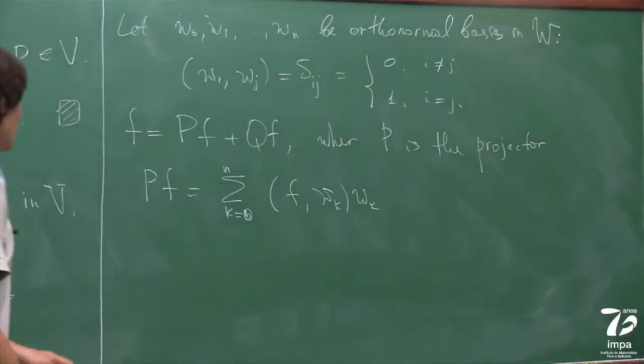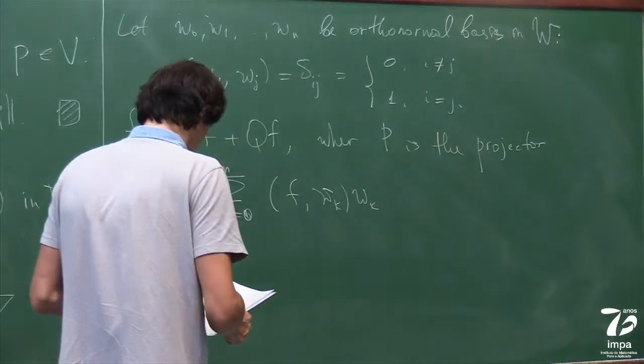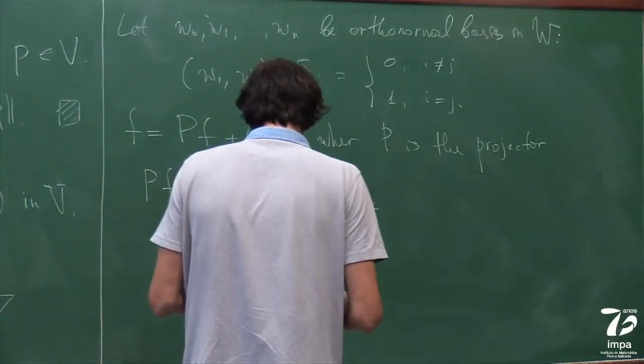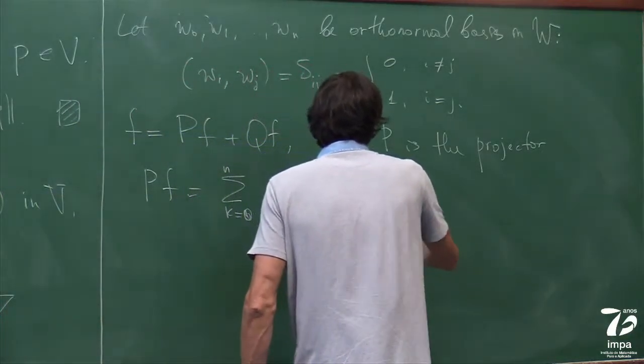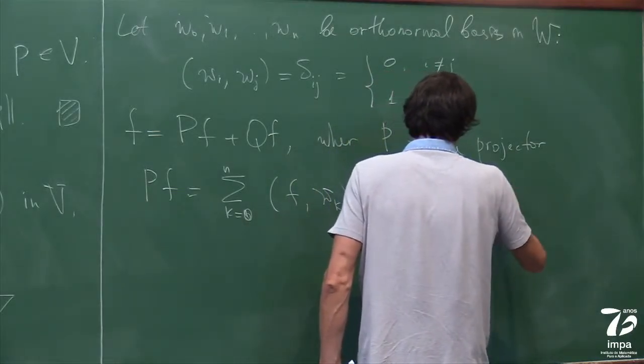So this is a coordinate along the k-th direction multiplied by the k-th vector. And accordingly, the rest is the rest, right?